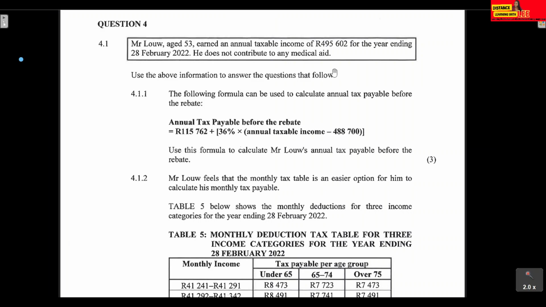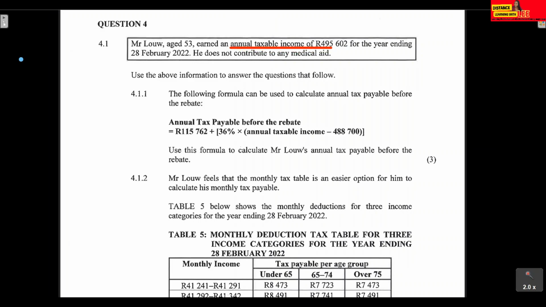And we are also told that he earns an annual taxable income of 495,602. So I did mention, guys, when you're writing your exam, please make sure that you've got your highlighter, and highlight the important information that you are being given in your question. What's important in this case? Okay, what is the annual taxable income, right?